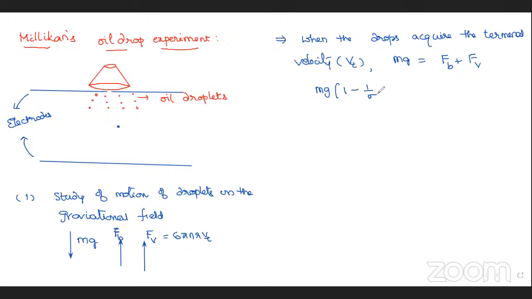Do you remember the formula? Yes, sir. mg minus Fb is equal to mg into 1 minus 1 by sigma, which is equal to Fv. Fv is 6 pi eta r Vt.